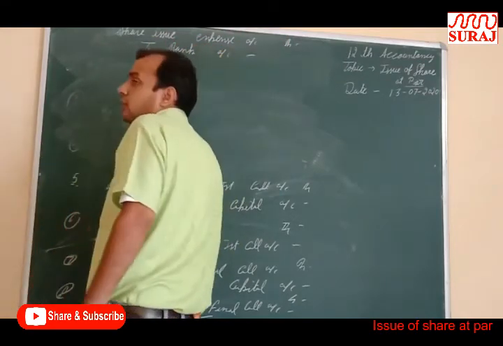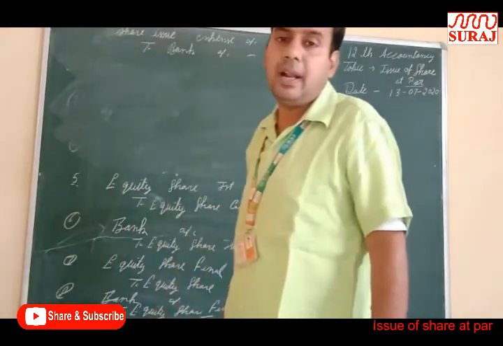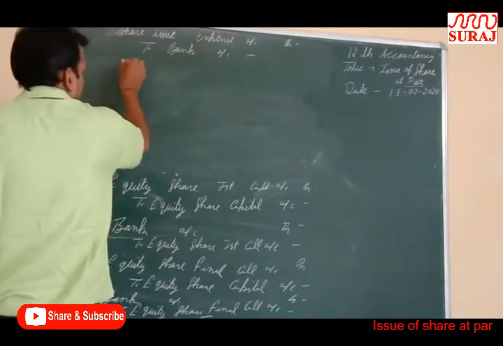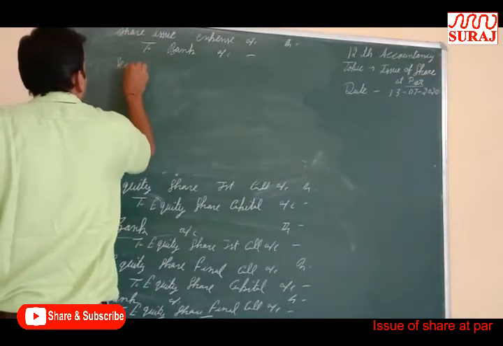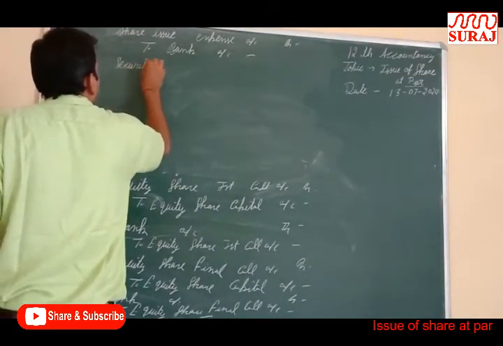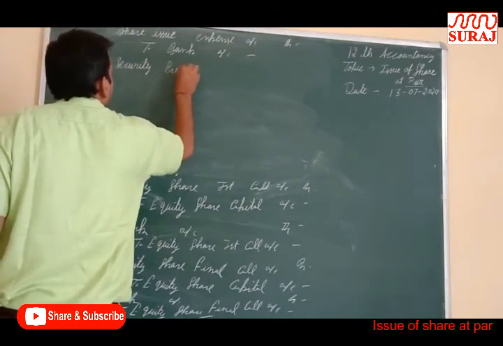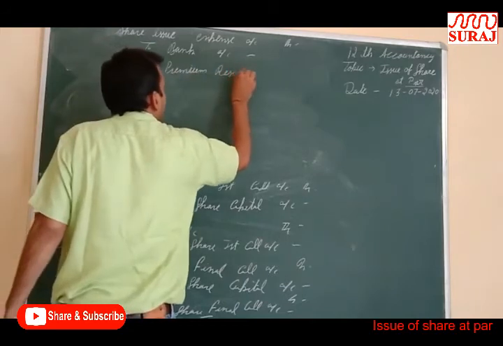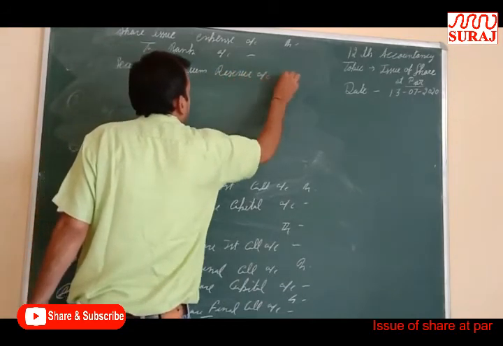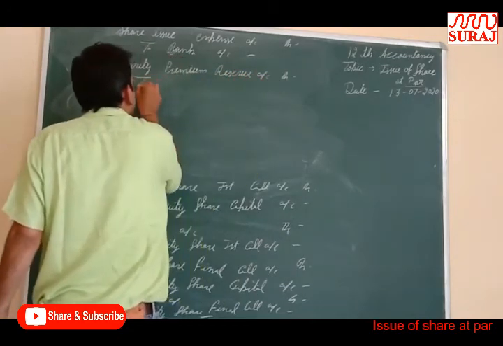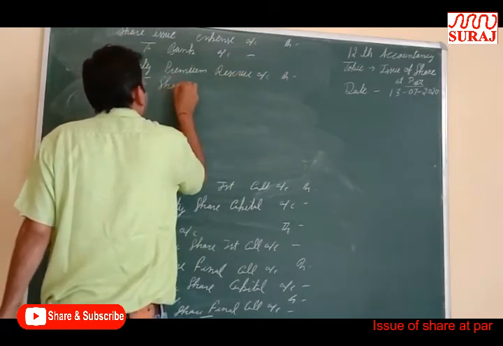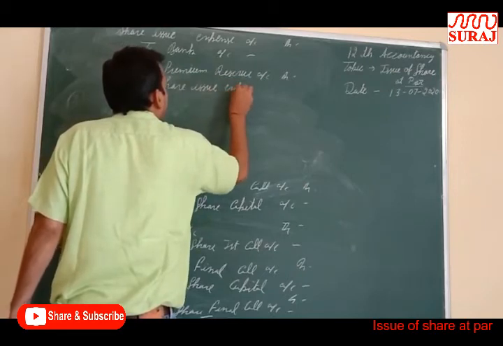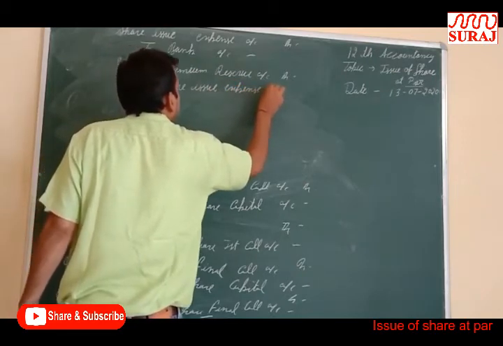If in the question securities premium reserve is available, these expenses are written off from the securities premium reserve and your entry will be passed: securities premium reserve account debit to share issue expense account.